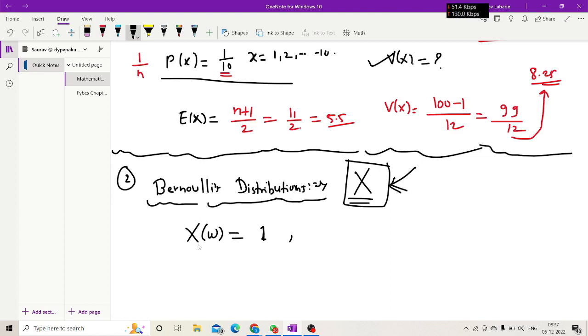If it is a success, then x of w will be 1, and if it is a failure, then what will the random variable be?